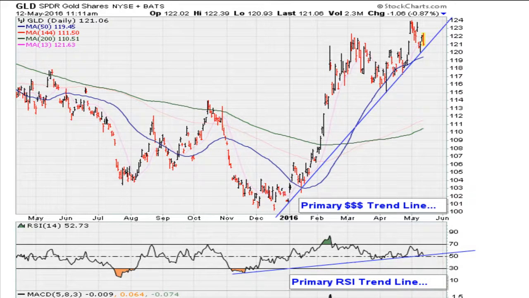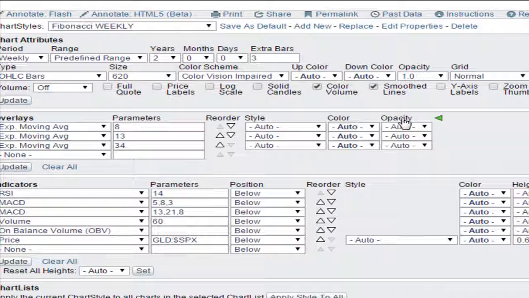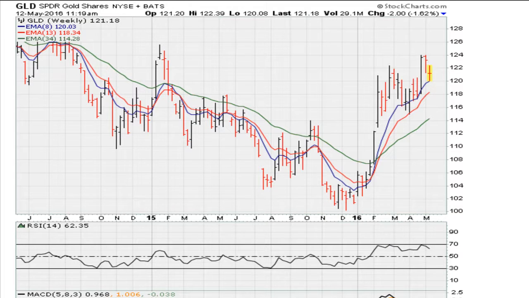If you take a look at the 2-year weekly for the GLD, it's important to note that we've been making improvement in price week to week, but the RSI did not necessarily make a new high. That's not good. Also, if we look at how the weekly RSI has responded, it has failed on all these occasions to move above the critical level of 69.1.